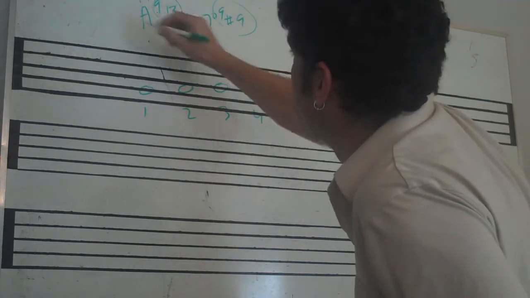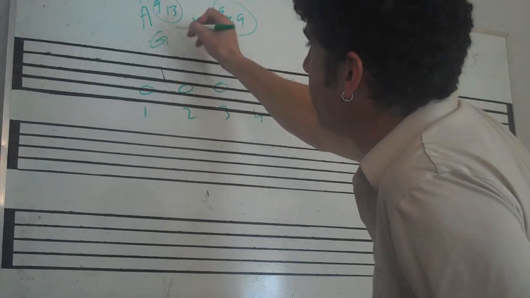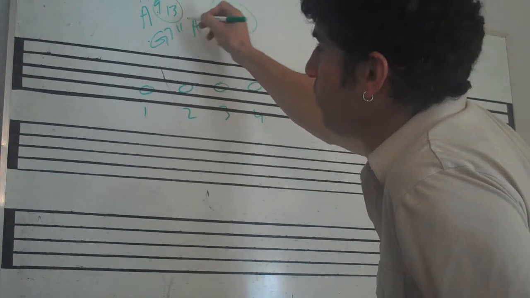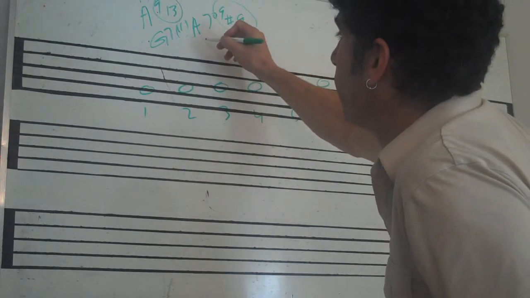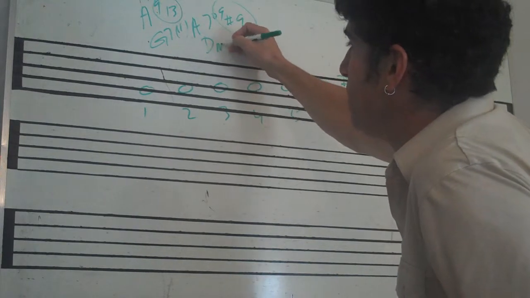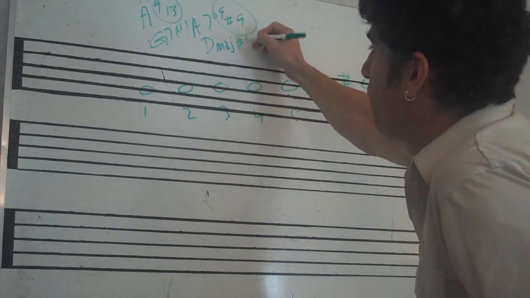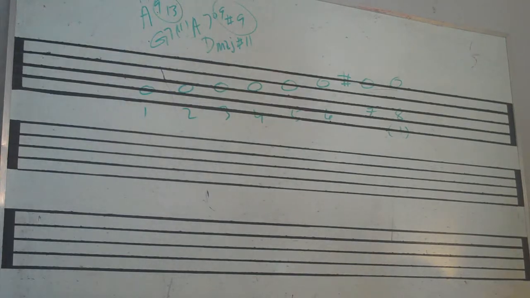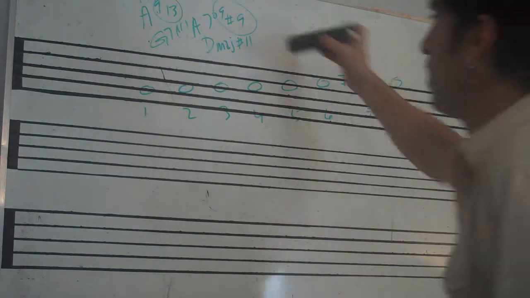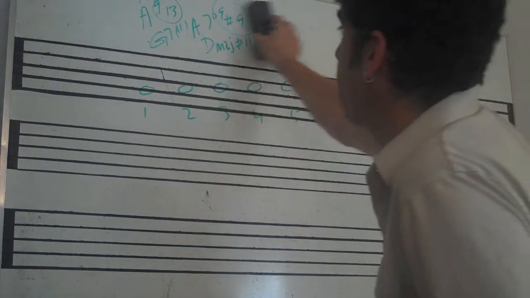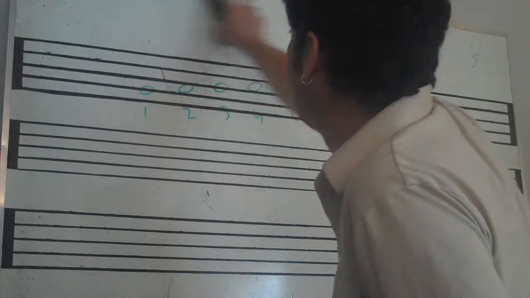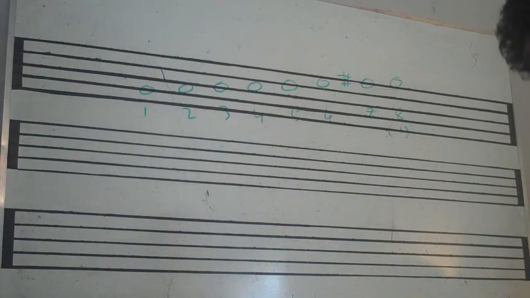These are the extensions, or maybe G dominant 7 11, or maybe D major 7 sharp 11, stuff like that. That's what we're going to be talking about, these extensions, the 9s, the 11s, and the 13s, etc. So if we play this G major scale, I'll just play it on piano.